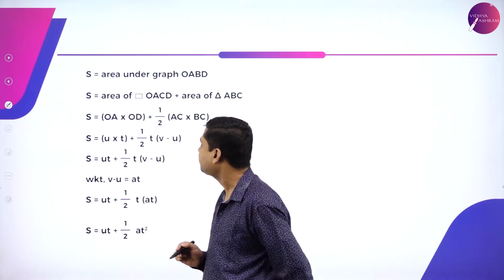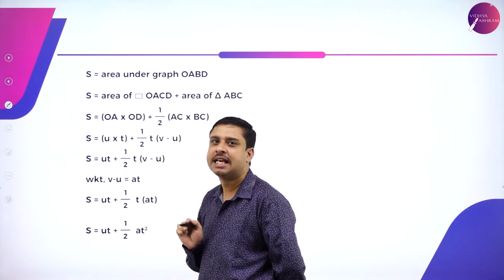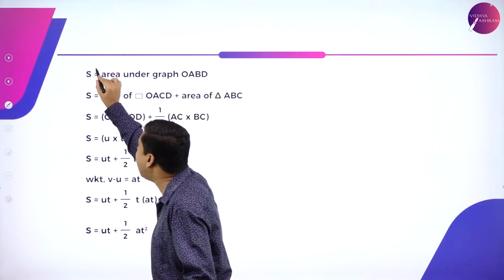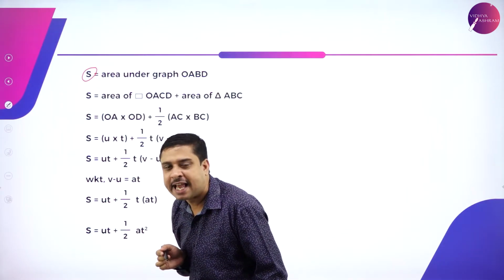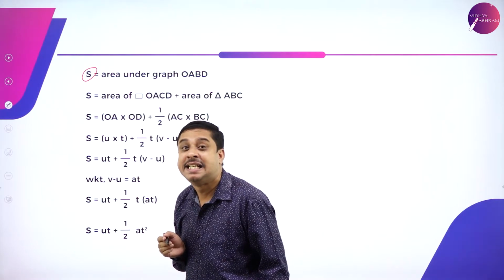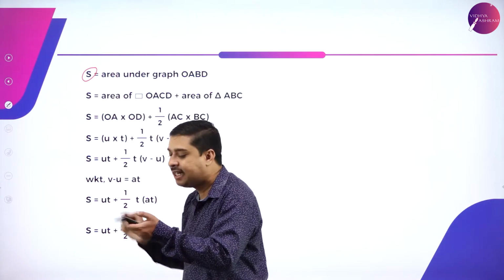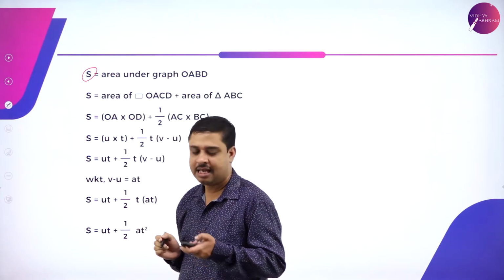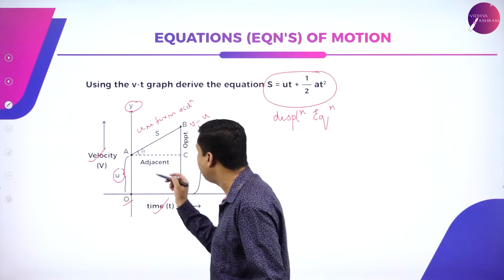Now, my whole aim here is to calculate S, which is the displacement along the line AB. Let us refer back to the diagram.